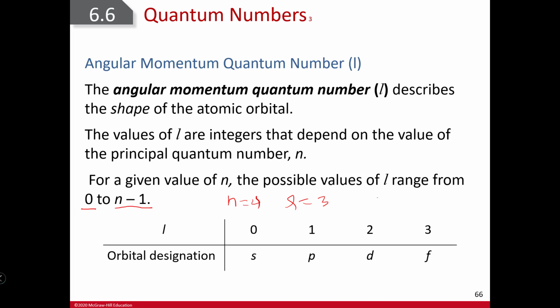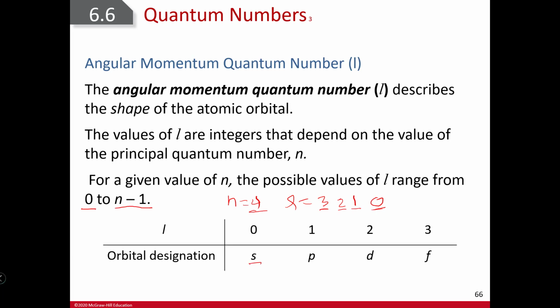You must always have 0. And then what are the whole numbers between 3 and 0? Well, there's a 2 and there's a 1. So if N equals 4, the principal quantum number equals 4, the angular momentum quantum numbers are 3, 2, 1, and 0.